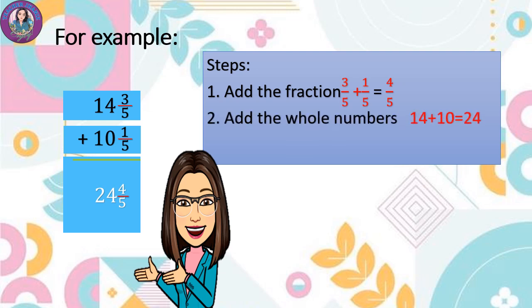Step 2. We add the whole numbers. 14 plus 10 equals 24. In step 3, the sum is 24 and 4/5. Notice that the fraction is already in the simplest form, so that is our final answer, 24 and 4/5.